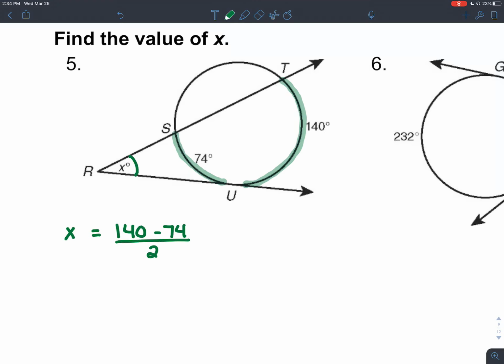So 140 minus 74, I don't have my calculator on me. 7, 8, 9, 10, 11, 12, 13. Yes, I just counted on my fingers. That is fine. Okay, so we're going to get 66 divided by 2, and 66 divided by 2 is 33. So that angle is 33 degrees.